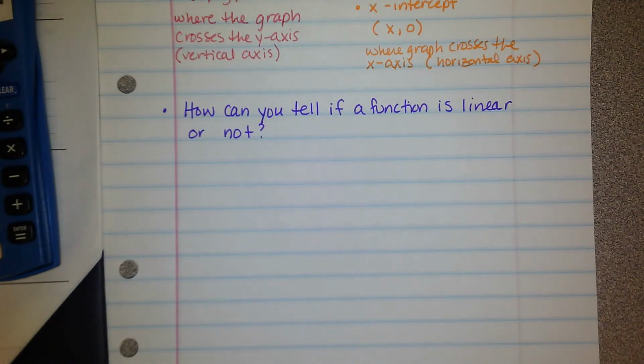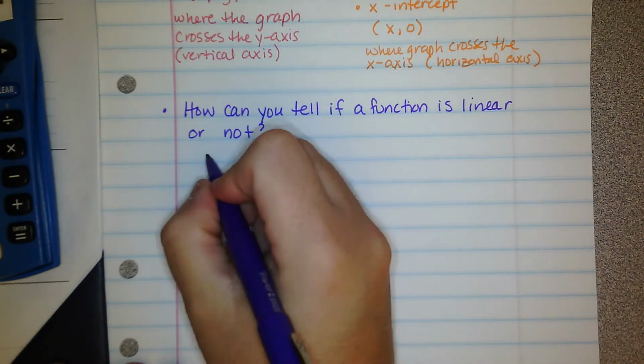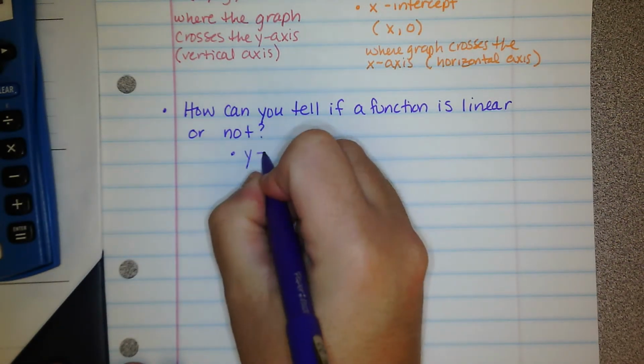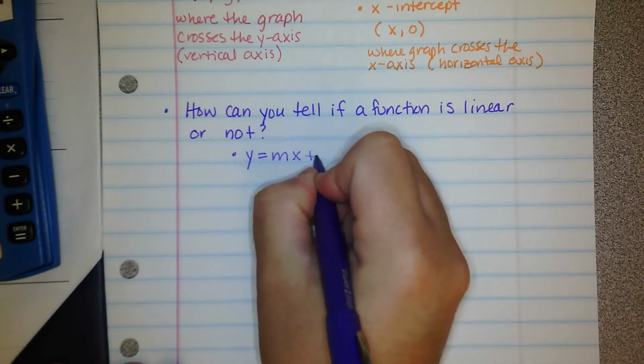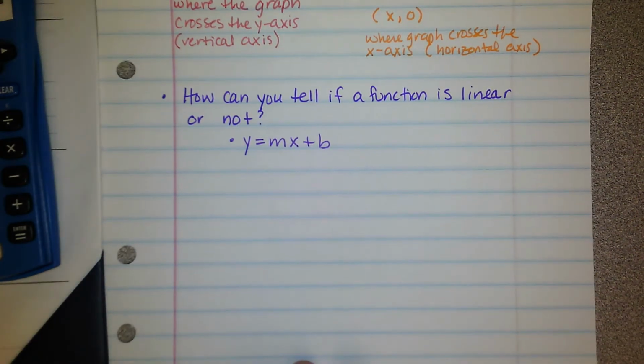The next question for vocabulary knowledge that you need to know is, how can you tell if a function is linear or not? By looking at the actual function rule. And obviously, if it's in y equals mx plus b form, that's going to be an indication that it's linear, but not all of them look that simple and pretty. So how do you tell if a function is linear or not?